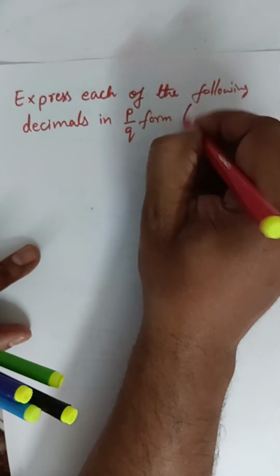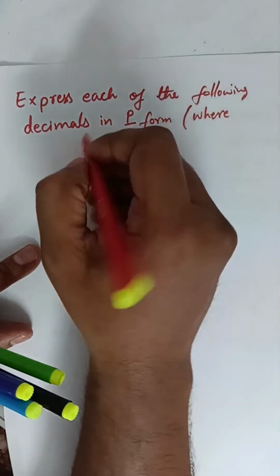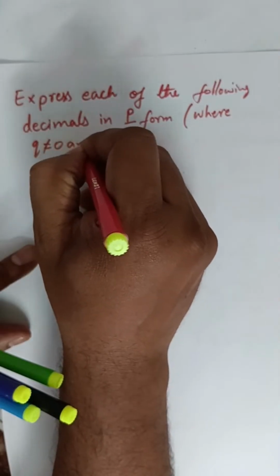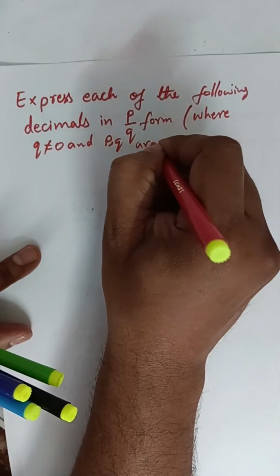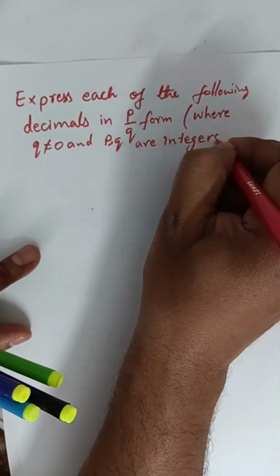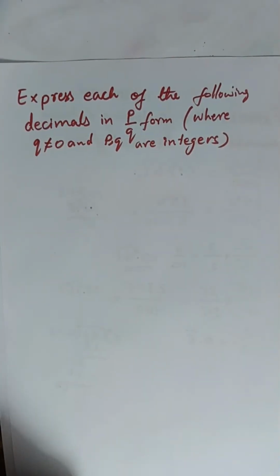Means you have to write it as a rational number where Q should not be 0 and P and Q are integers. Okay.